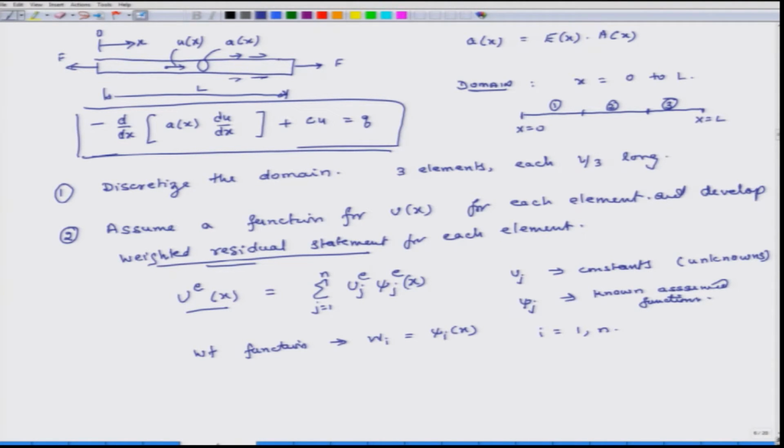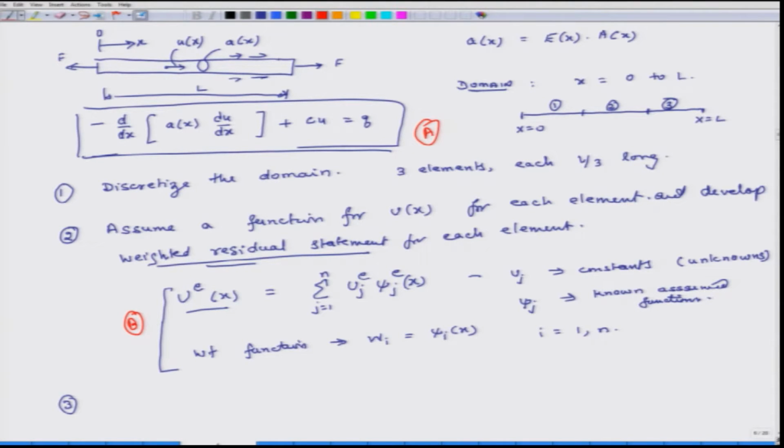So, with these things we have developed a weighted residual statement. Let us call this equation A, let us call these equations B. So, we plug B into A to get the weighted residual statement.